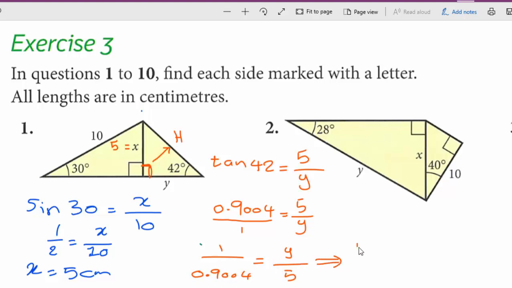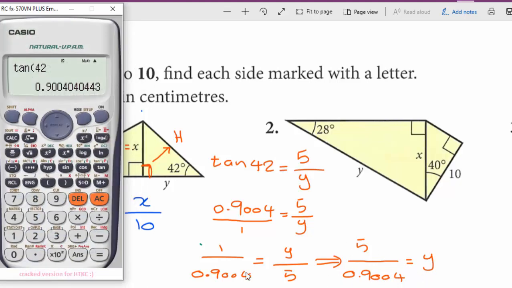So that gives 5 over 0.9004 is equal to y. With a calculator, work this out.